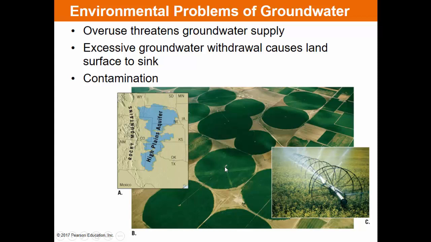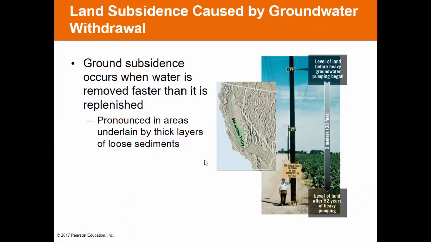The pump is in the middle, the well is in the middle, and this is the area that is being used for agriculture. Well, overpumping, as I showed you, can draw down that water. And if you're talking about a landform that's not on solid rock, but on unconsolidated sediment like we have in the San Joaquin Valley, if you overpump the aquifer, that sediment is just going to settle.